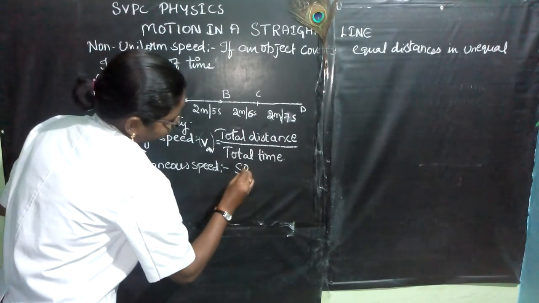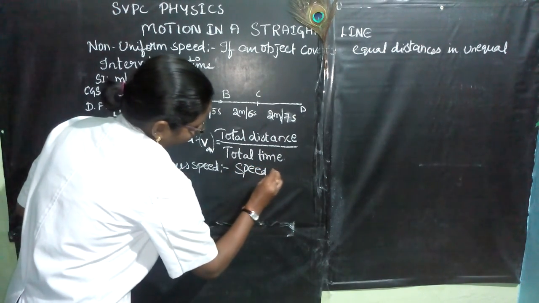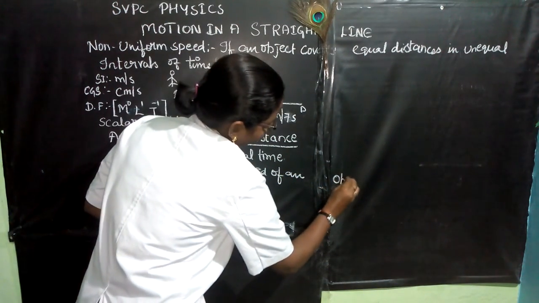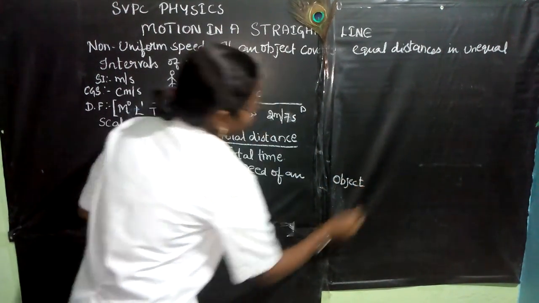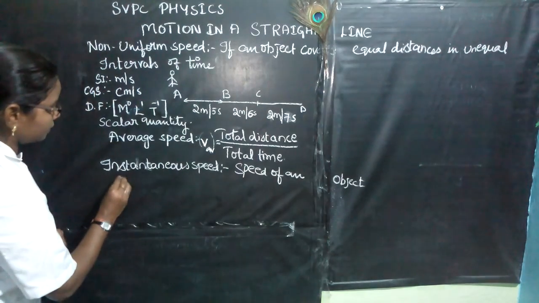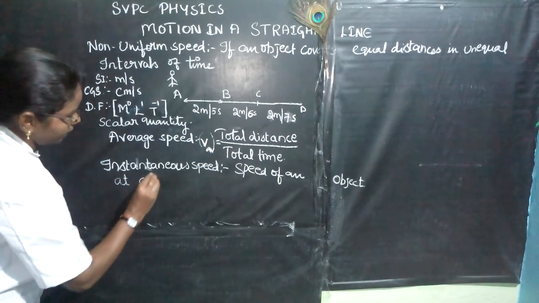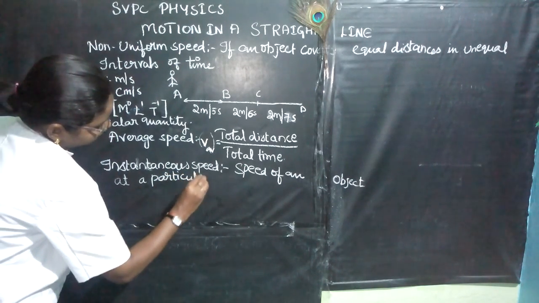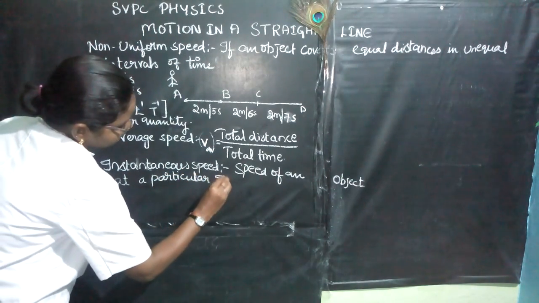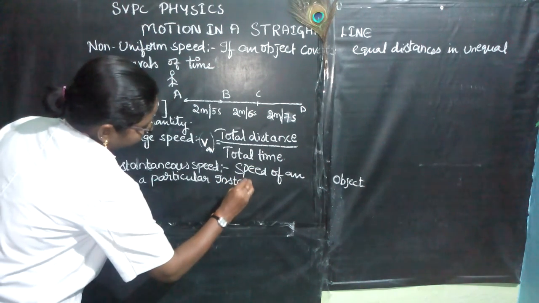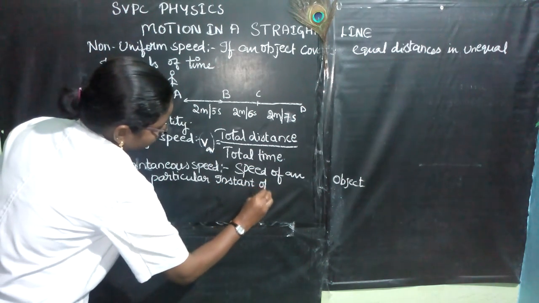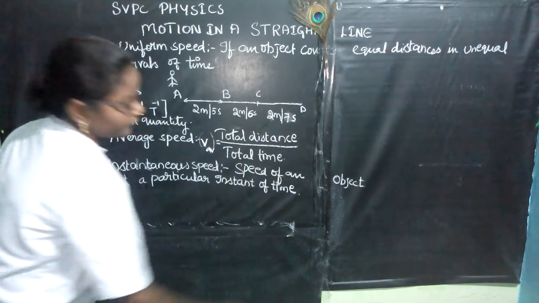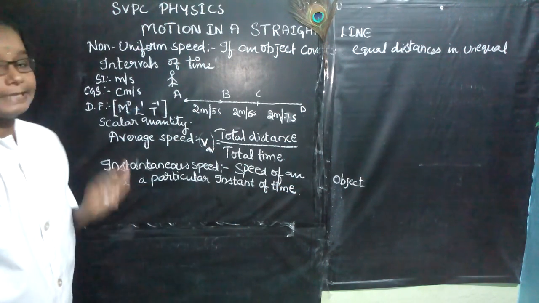Speed of an object at a particular instant of time. Okay, this is called instantaneous speed.